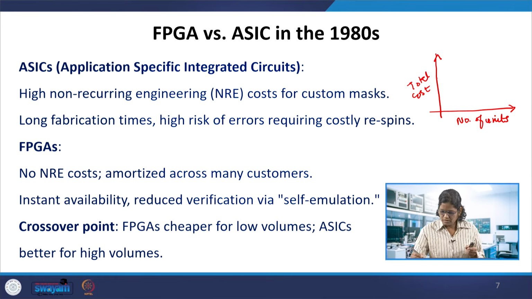The ASIC has this type of curve, which starts with the initial cost. This is the initial cost involved in the device, which we take as ASIC, that is application specific ICs, which need non-recurring engineering, that is, a custom mask needs to be bought. Whereas in the case of FPGAs, it's a linear curve.